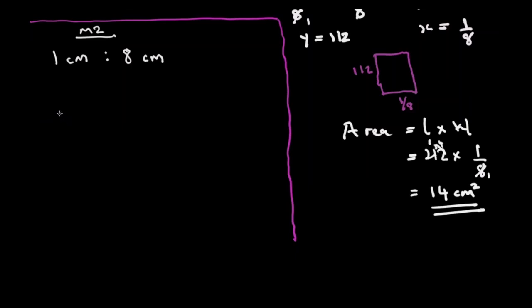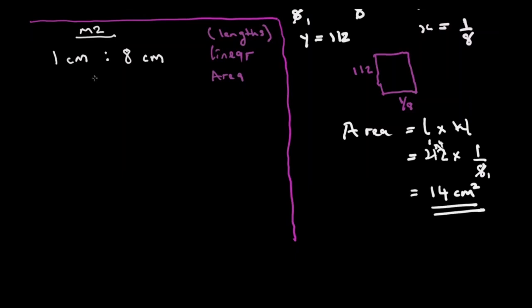In order for us to convert this scale from being linear, and by linear I mean in this case it's just representing lengths, into being a scale which represents area. So 1 centimeter is to 8 centimeters is telling us that a length of 1 centimeter on the scale will be 8 centimeters on the actual ground.